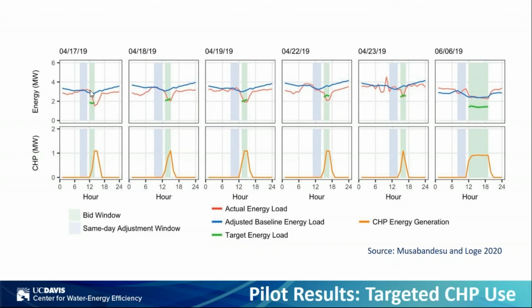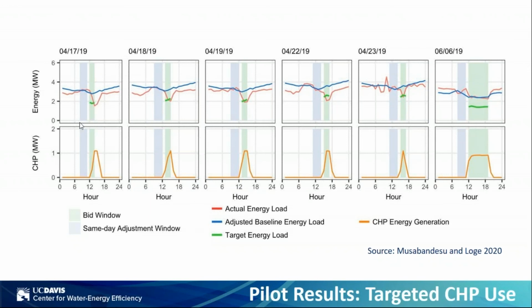The blue line here is the adjusted baseline, and the blue shaded box was the same day adjustment window. And so depending on how the actual energy use and the baseline compared, the baseline was adjusted up or down as part of the calculation process.